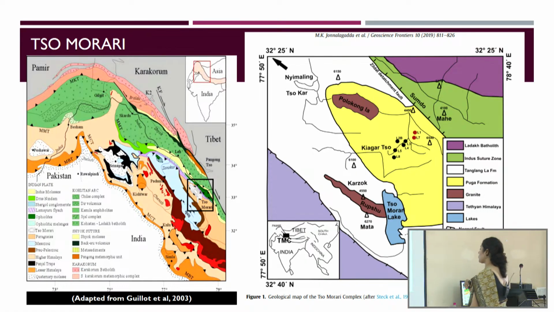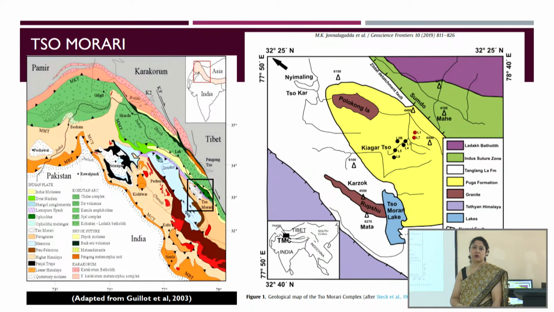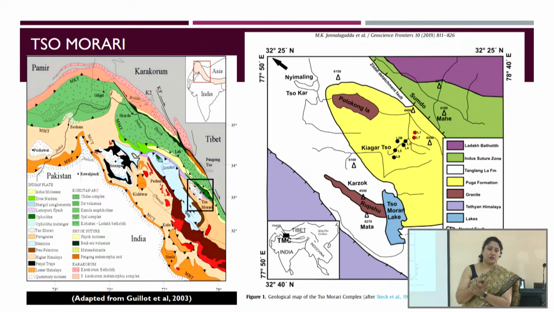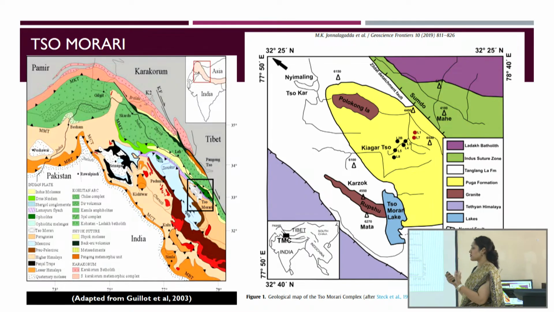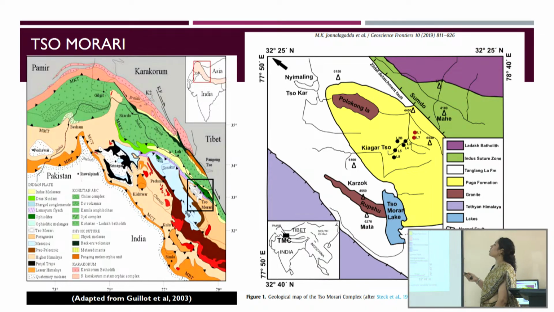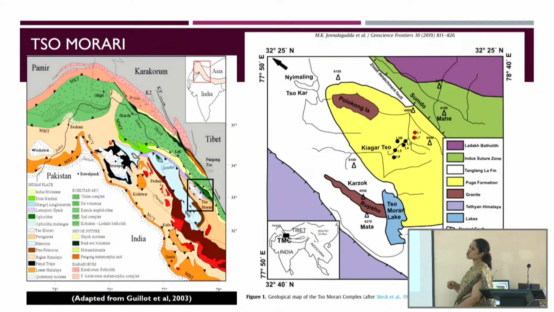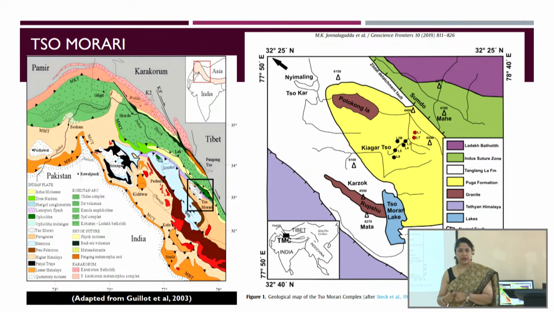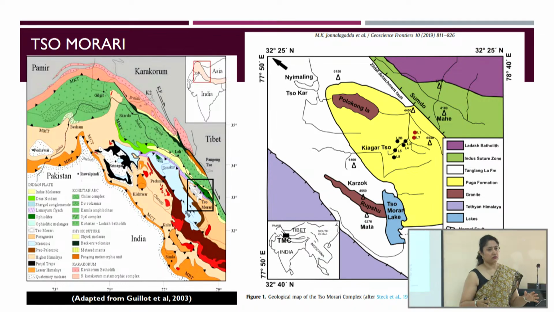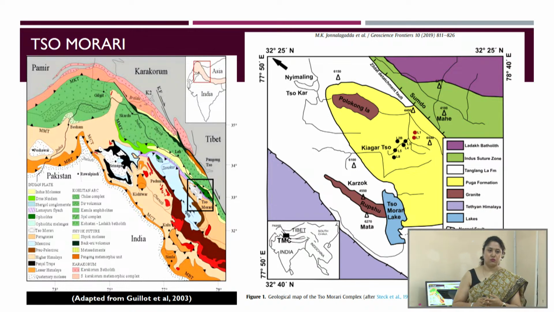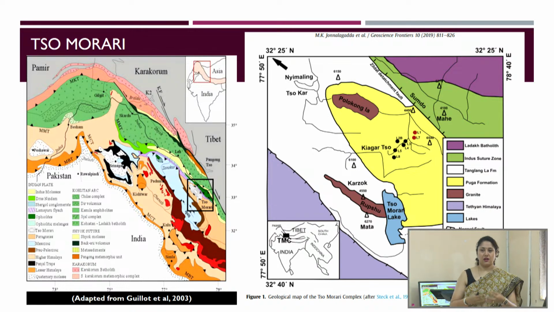Of course, there are several models which have been proposed by Dézes, by Guillot and other people like Stéphane Guillot, but I'm not going to go into the details of that here. If you look at this geological map, of course these are sampling locations. Most of the eclogites that you find in the Tso Morari are all retrograded, except for two we found which were pure eclogites, and they preserved all their minerals intact and didn't show retrograde features.